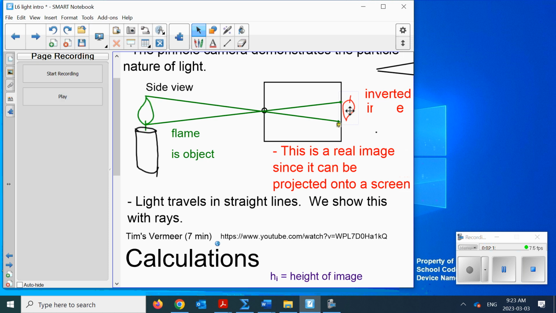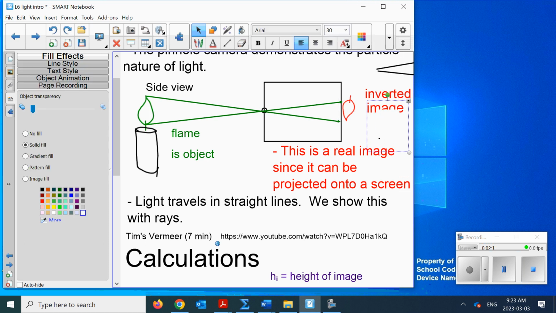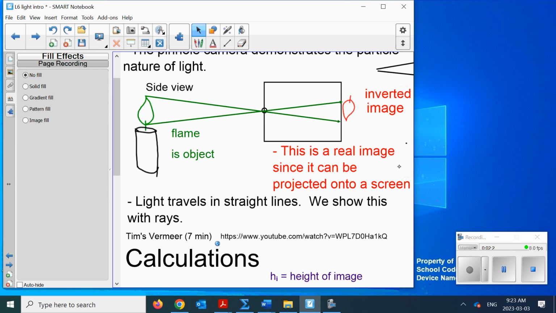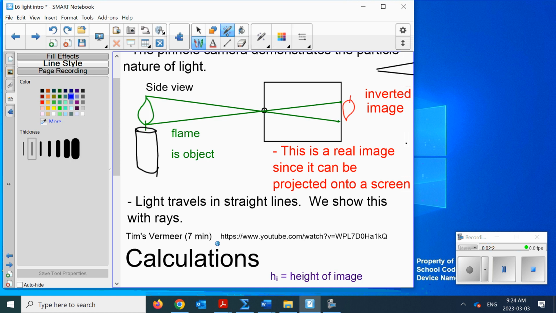Does that make sense, why the image is upside down? Because the light from the bottom of the flame passed through the pinhole, and that's the only way it can go.